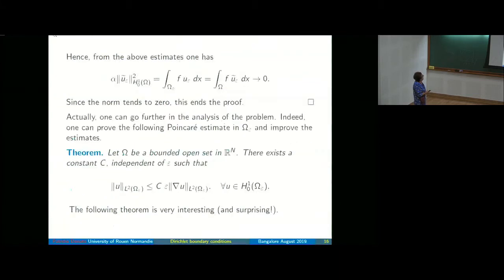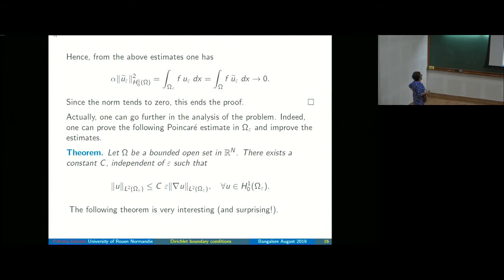Then, on the other hand, if we look at the norm of u tilde epsilon in H10, it is equal to the integral over omega epsilon of f u epsilon, which is exactly the integral over omega of f u tilde epsilon, but this one goes to 0, so this goes to 0, so the norm in H10 goes to 0. That means that you have a stronger convergence to 0.